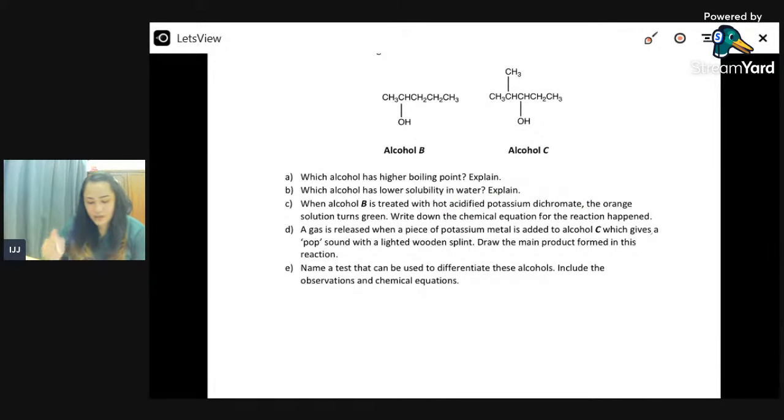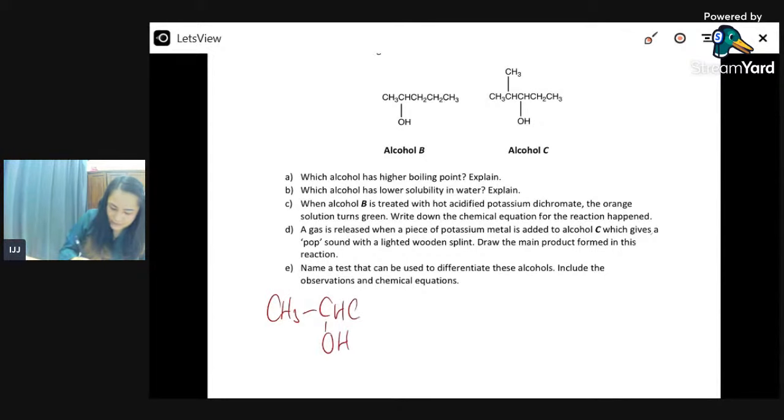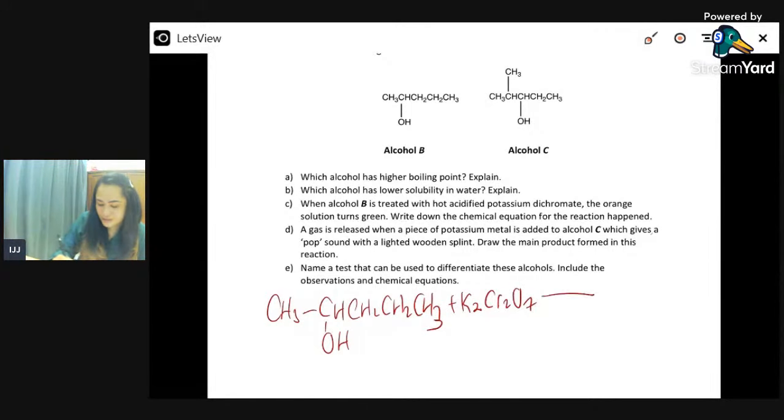So when you react alcohol B with hot acidified potassium dichromate, the alcohol undergoes oxidation. So do it as usual. You have CH3, CH, OH, CH2, CH2, CH2. You undergo oxidation. This is a strong oxidation agent. K2Cr2O7 is a strong oxidation agent.